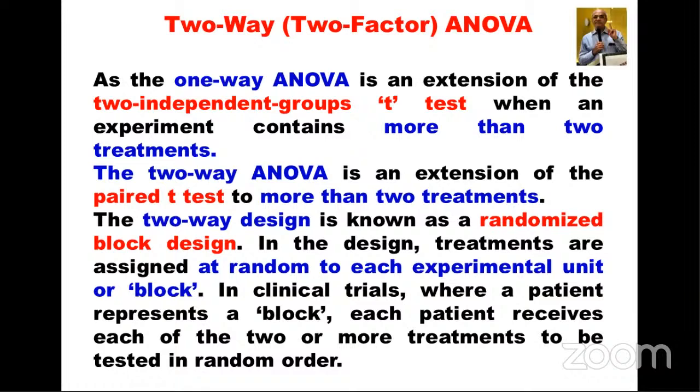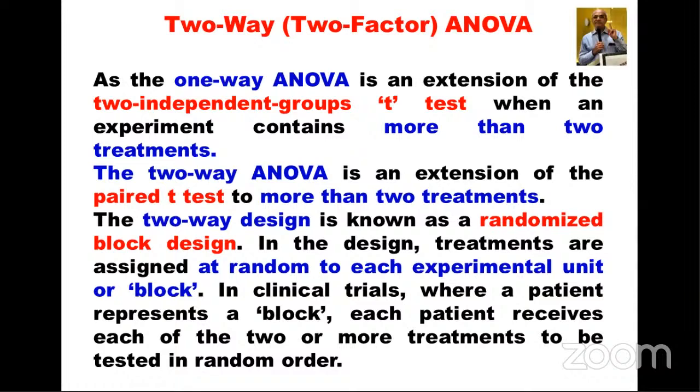The two-way design is also known as randomized block design. This word is widely used in examinations. Generally, the examiner asks this, because students are not familiar with that word. So I intentionally wrote this sentence here in the notes. In randomized block design, why is it a block design?